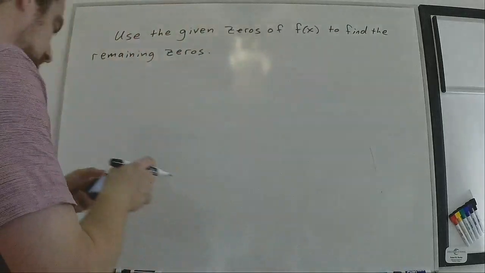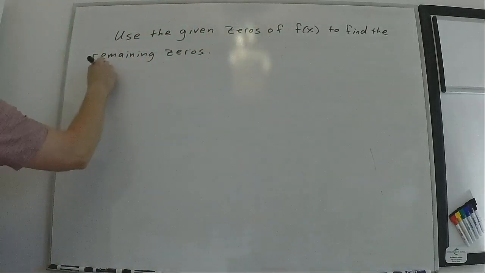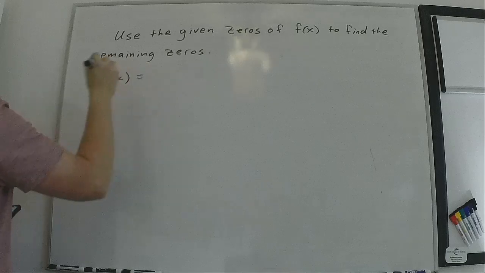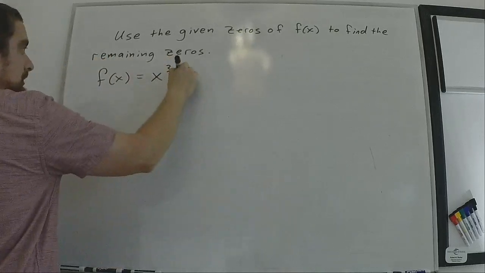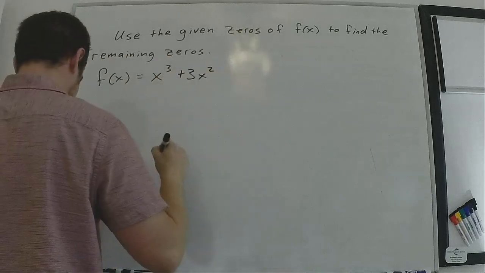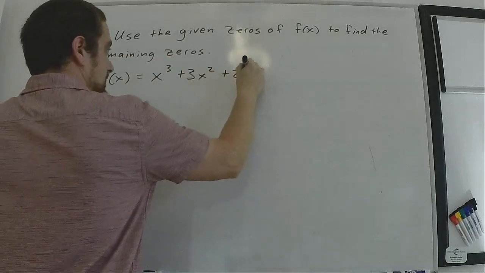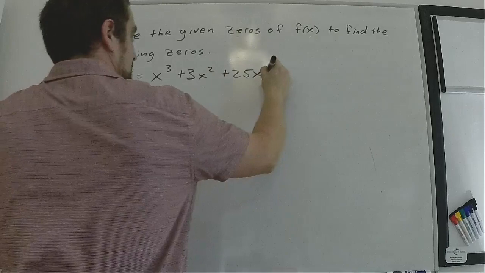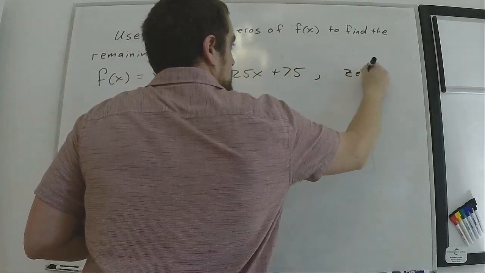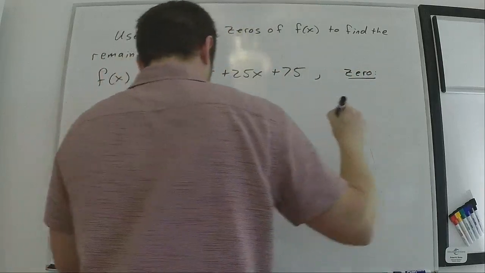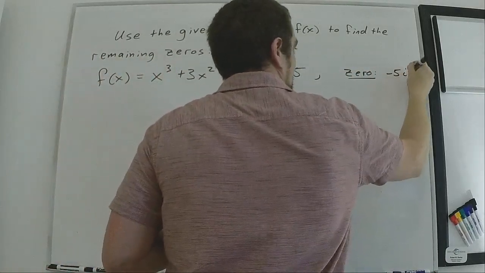And let's take a polynomial function f of x is equal to x cubed plus 3x squared plus 25x plus 75. And they will tell us that one of the zeros is going to happen at negative 5i.